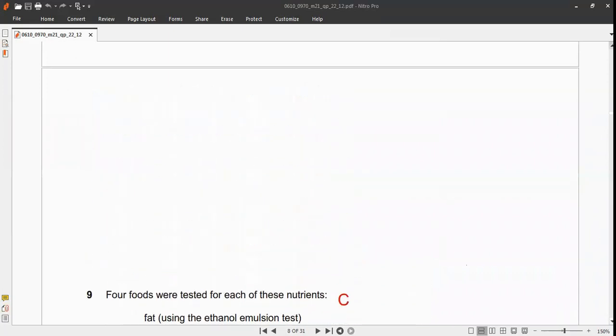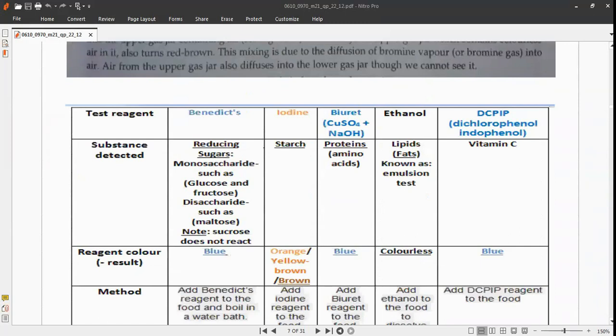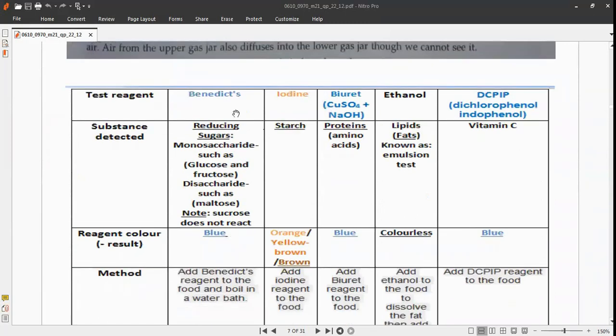Let's revise this part for food tests. For Benedict's, iodine and Biuret, the mixture of copper sulfate and sodium hydroxide, and ethanol, and DCPIP, dichlorophenolindophenol for vitamin C. Benedict's detects reducing sugars, monosaccharides such as glucose, fructose, and disaccharides such as maltose.